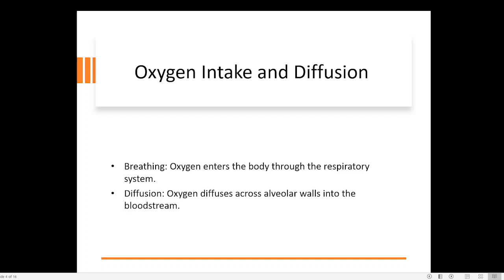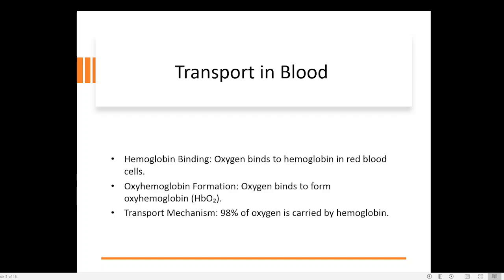During diffusion, oxygen in the lungs is reaching certain air sacs known as alveoli. Very close to the alveoli, we have blood vessels. So from the alveolar air sacs, oxygen will be entering into the blood vessels through a process known as diffusion. This is the process involved in the intake of oxygen as well as diffusion of oxygen into your blood.